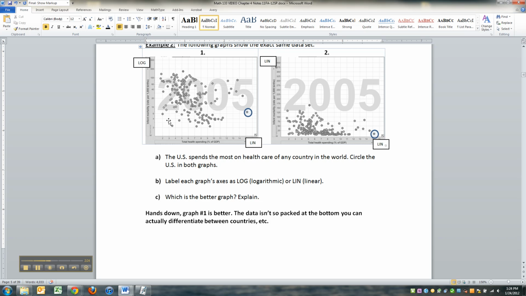So the thing about infant mortality is it gets crammed down at the bottom because you can get very high values of 100 and so, right, 150 and so on. But most countries are down here in the low numbers. So if you do exponential, you can see, hey, countries are different from each other. Like here we are at about 7 or 8 and so on. So you can really differentiate between the low countries where most countries are, but the few countries that are up in the hundreds, you can see the differences between them too.